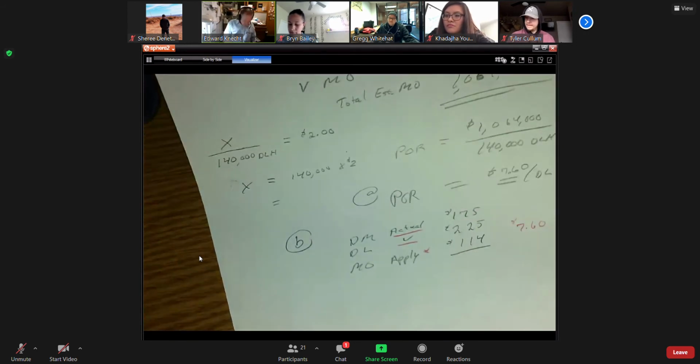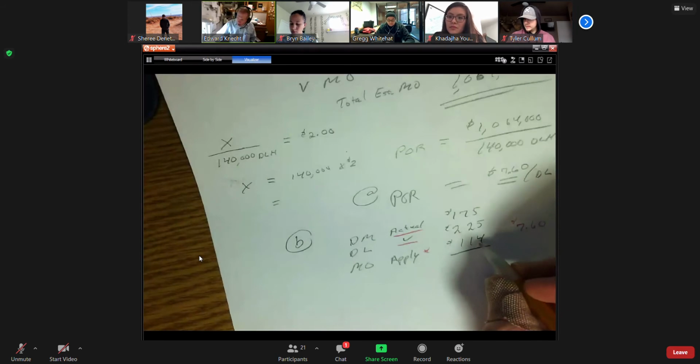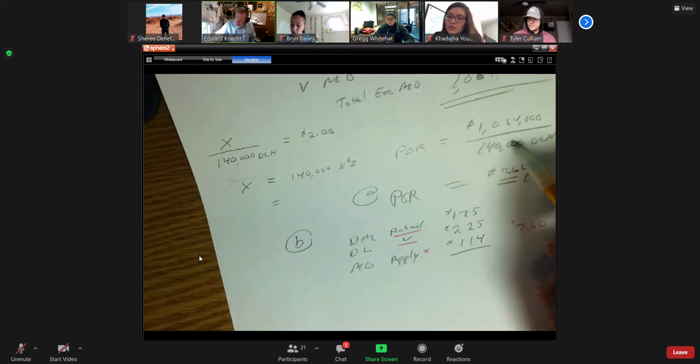So you add those three up. Notice again, we have actual direct material costs, we have actual direct labor costs, but we have to apply overhead. So this is an estimate, isn't it? The predetermined overhead rate, when we apply it, is based on estimates.